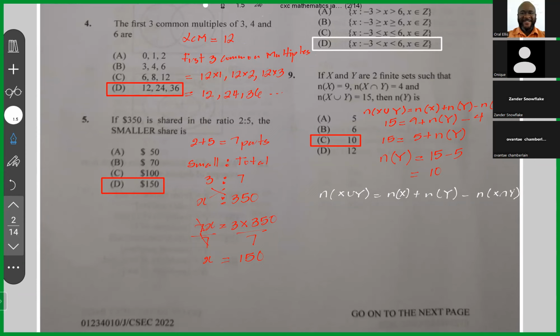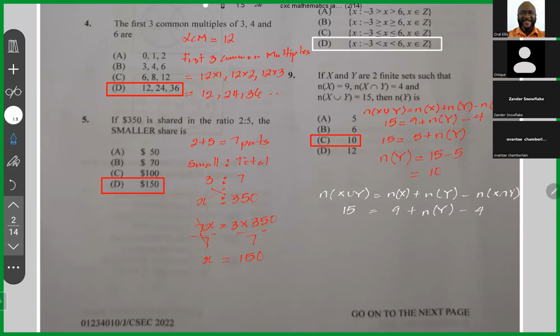All I have to do is put in all the values. We're told in the question, the number of elements in X union Y is 15. It's a simple equation. The number of elements in X, we're told, is 9, plus the number of elements in Y, that is what we don't know, minus the number of elements in X intersect Y, which is 4.